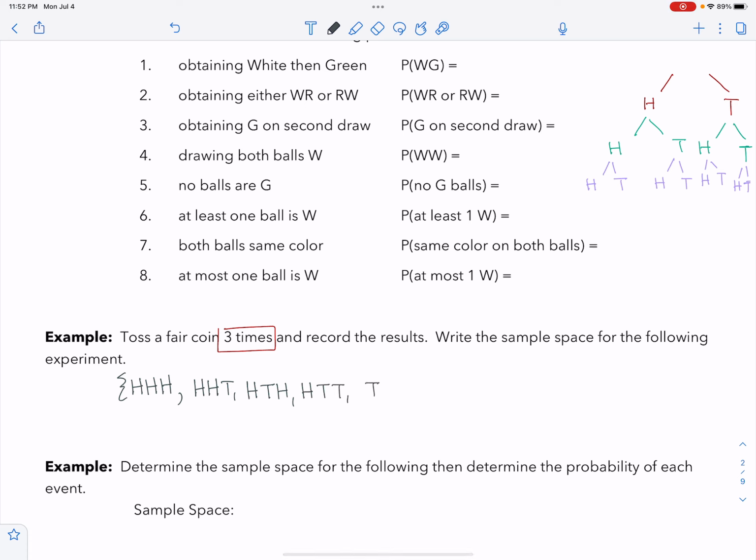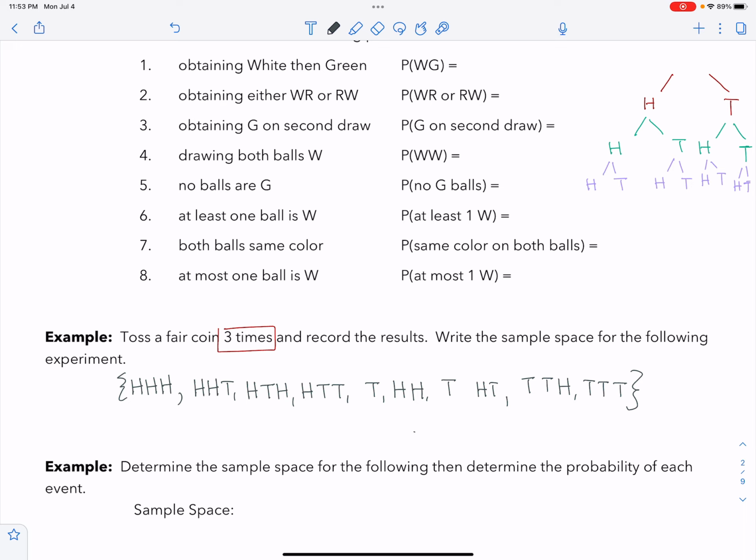And so on, tails, heads, heads, tails, heads, tails. Tails, tails, heads, and tails, tails, tails. And so that's just 2 different ways to write the same things. They only asked me for the sample space, so you would just list that off if there's a test question or homework question. And then the next part says, using what we just found, determine the sample space.